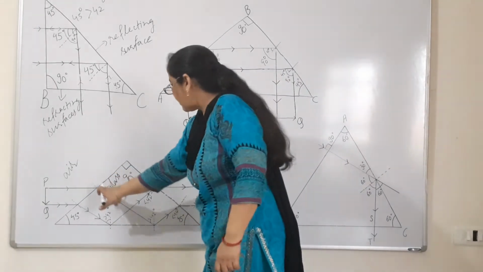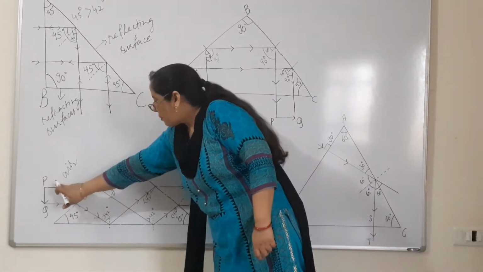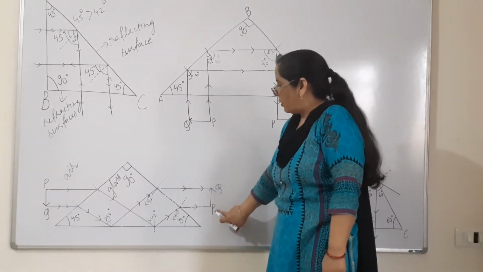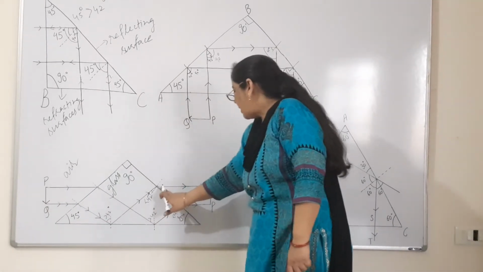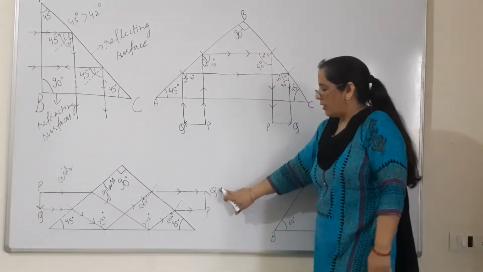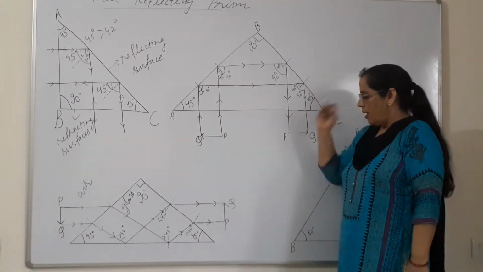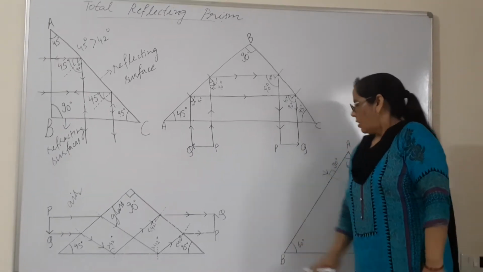And you are seeing here the ray which was coming from point P now comes down, and from point Q, it is very clear, this ray is going up. So their object was in the inverted position, but here the image will be in the erect position.